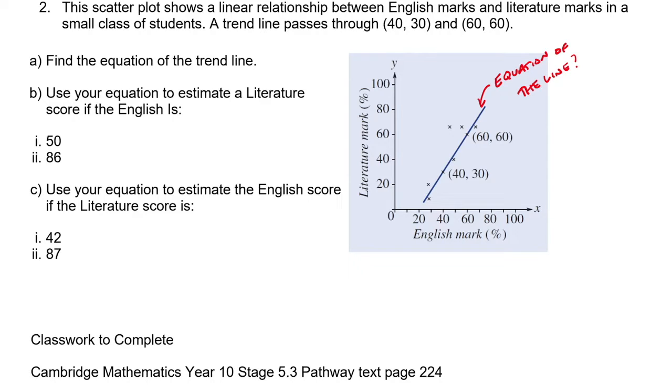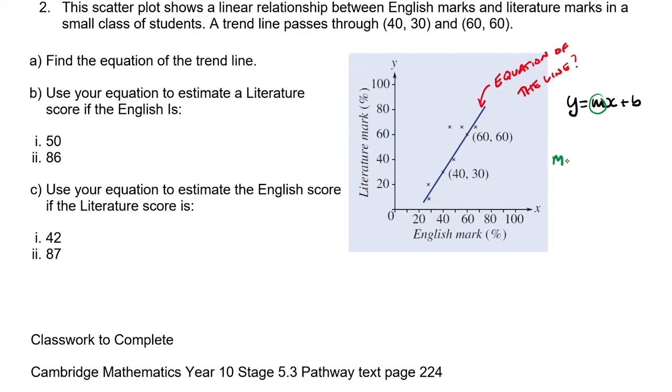So we want to start by setting up our equation, how we want to set it up. So we want it to be in the form of y equals mx plus b. Okay, so first of all, we need to find m.